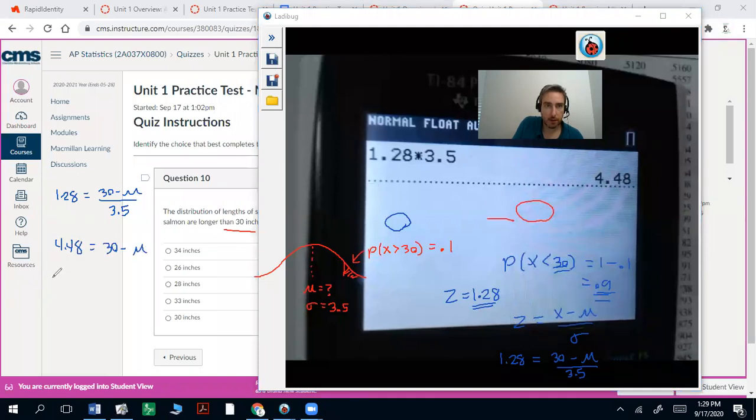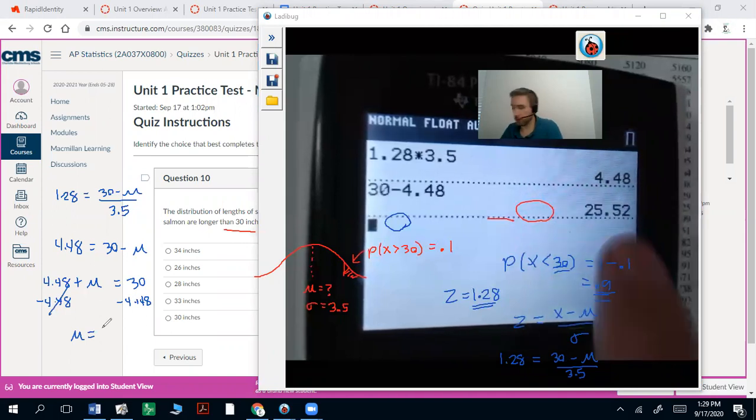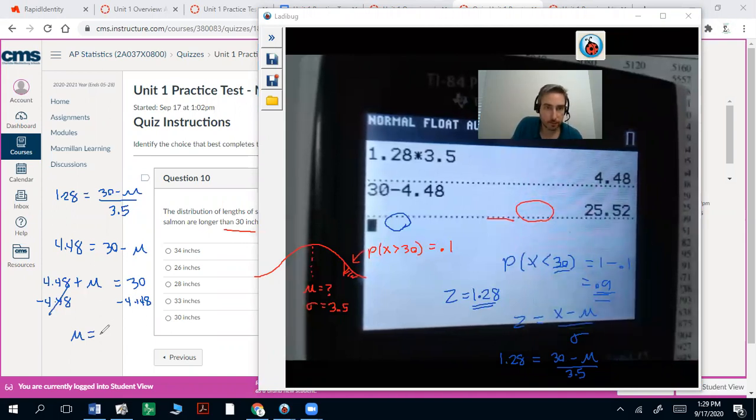So if I add the mean to 4.48, and then I can take the 4.48 from 30, the mean is going to give me 25.52. So the question says which is closest to the mean. Well, that would have to be 26 inches.